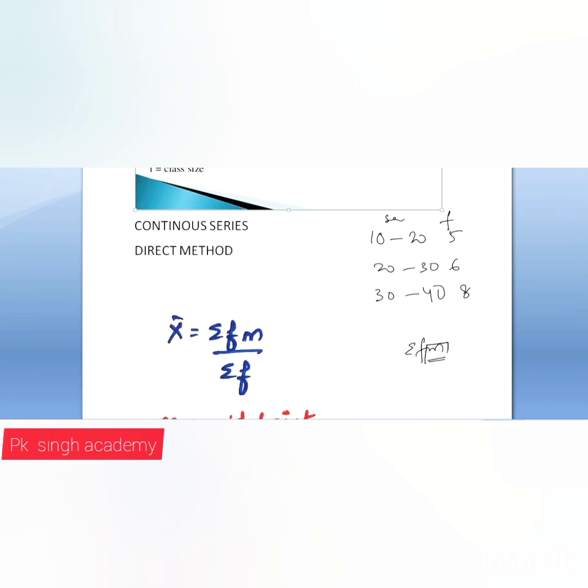What is m here? m is the mid value. How will we calculate the mid value? 10 plus 20 divided by 2, which is 15. We calculate like this for all the class intervals, multiply with the frequency, then sum and divide by the sum of the frequency. Fine, this is the direct method.